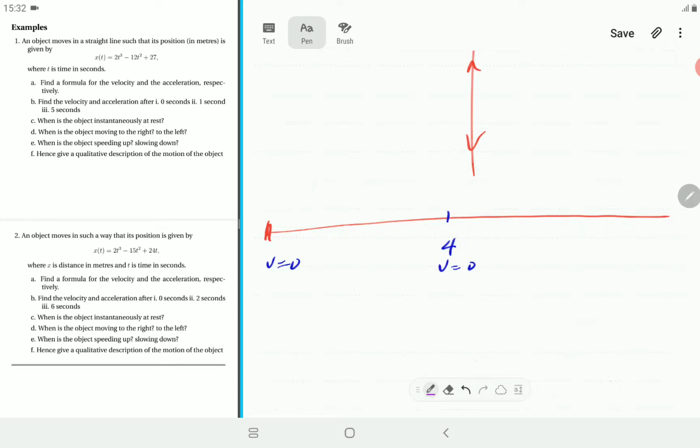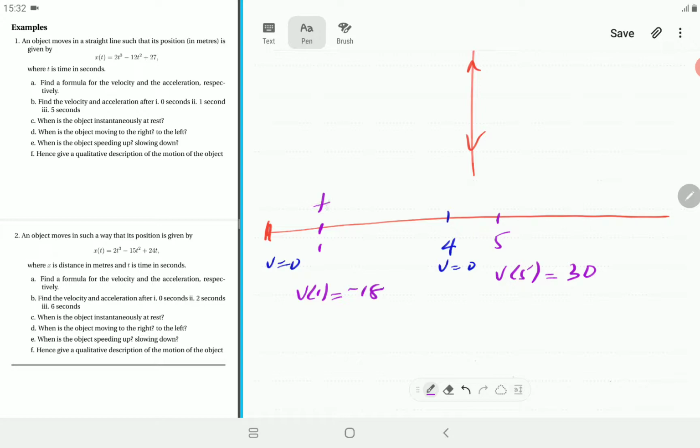Now, from the calculations that we did earlier, we already have determined the velocity after 1 second. We found that after 1 second, the velocity is negative 18. And after 5 seconds, it is equal to 30 meters per second. So that tells us that in this interval here, the velocity is negative.